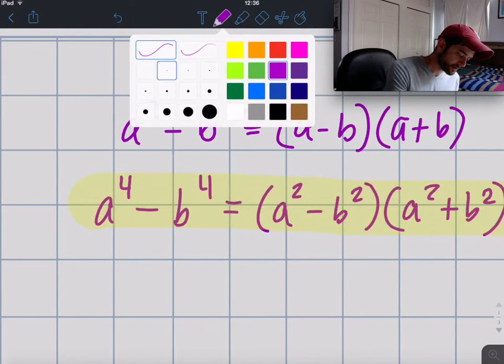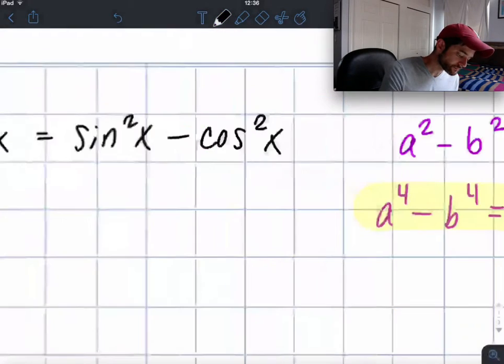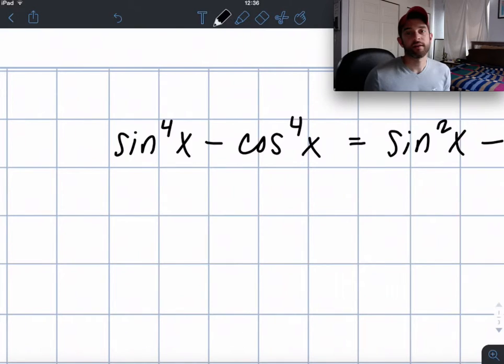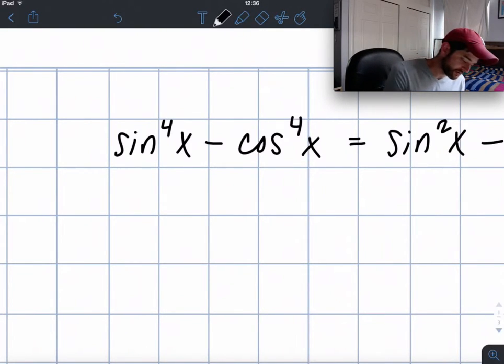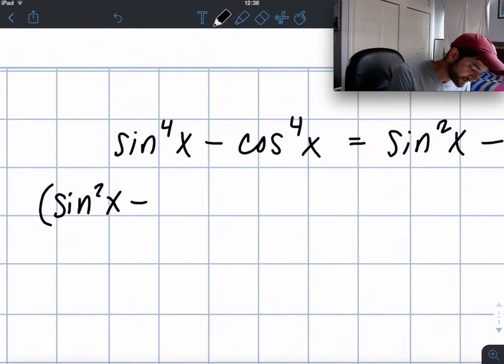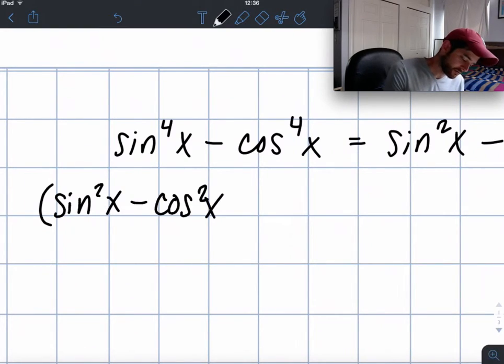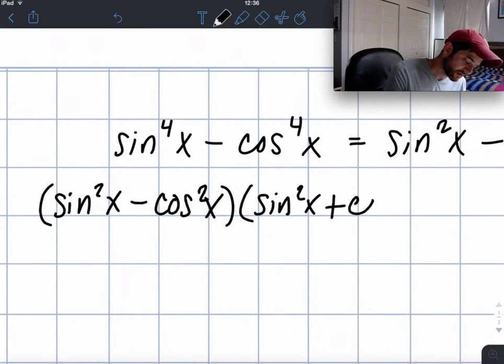So going back over here, I can expand sine to the fourth x minus cosine to the fourth x as sine squared x minus cosine squared x times sine squared x plus cosine squared x.